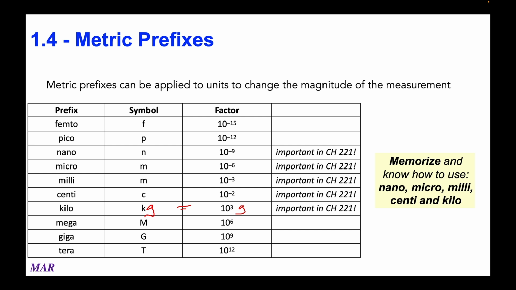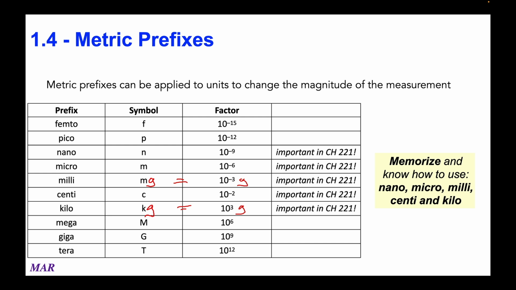But maybe you only have 1/1,000th of a gram. Well, 1/1,000th is 10 to the minus 3, which is above the kilo there. And you can see that 10 to the minus 3 is milli. So if you have a milligram, that equals 10 to the minus 3 grams. So metric prefixes can be really cool for representing large or small numbers depending on what you're using.